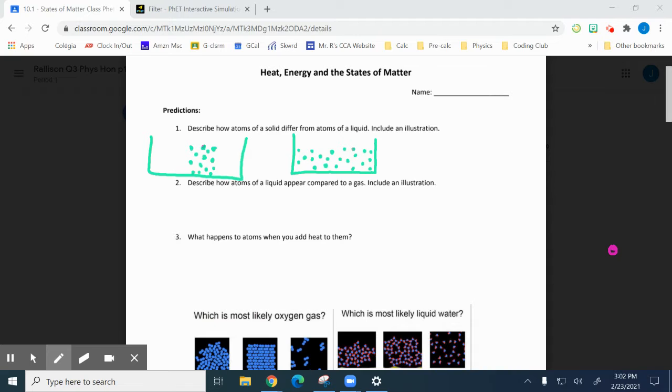You can see that they're still all together, not up here. The vibration of the atoms is not enough to completely break the cohesion, but it's enough to make them sort of stick and move, stick and move.